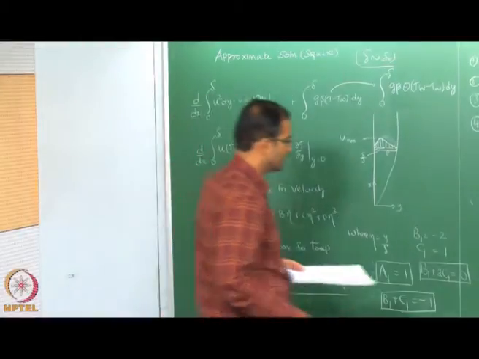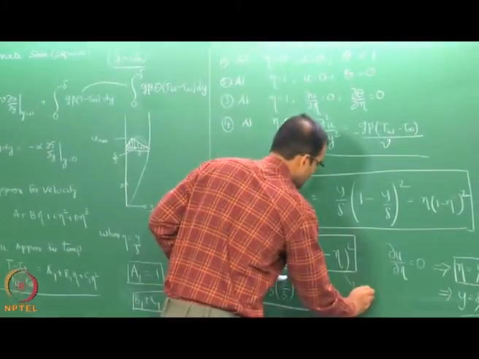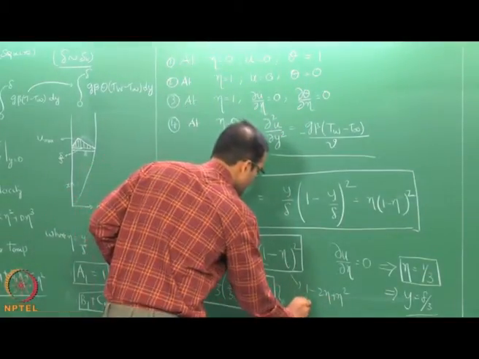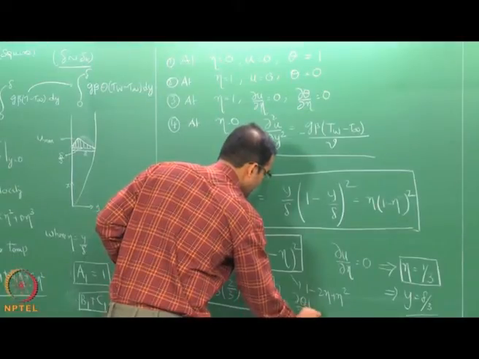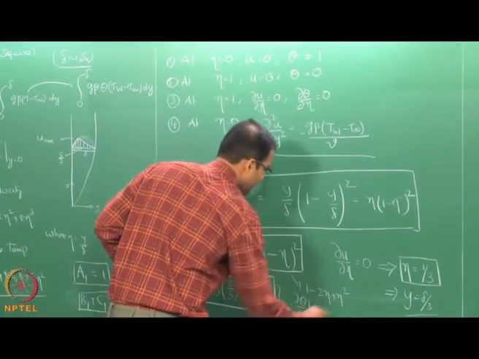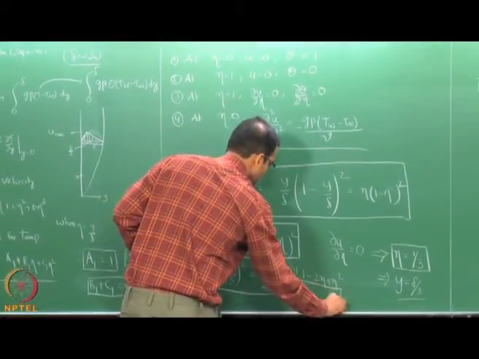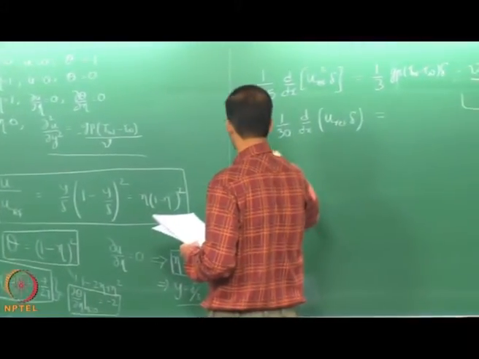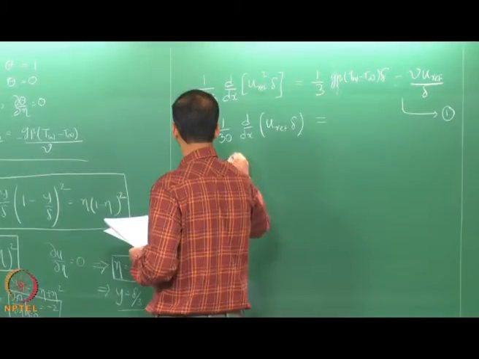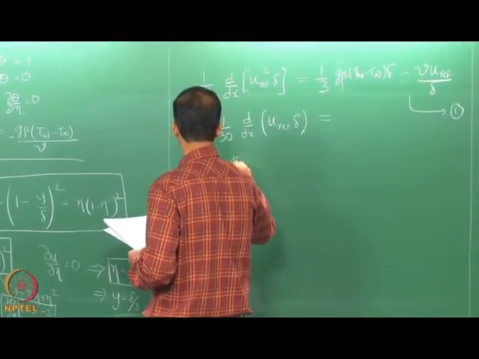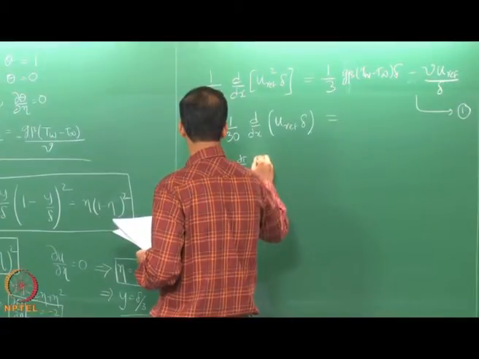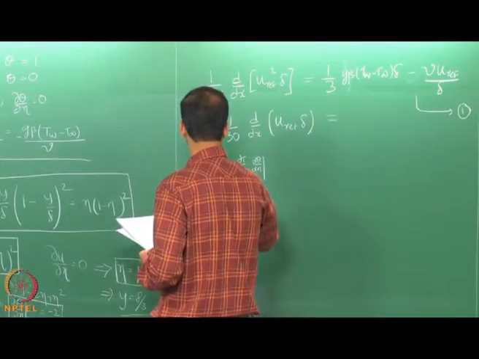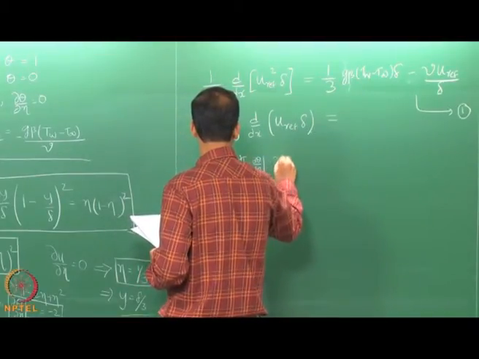So this is 1 minus 2 eta plus eta square. What is d theta by d eta at eta equal to 0? Minus 2. Therefore, how do you transform this? You can write dt by dy as dt by d theta into d theta by d eta at eta equal to 0, into d eta by dy.